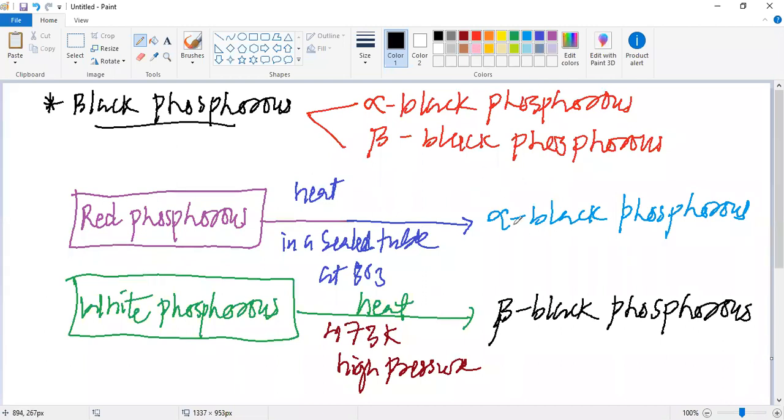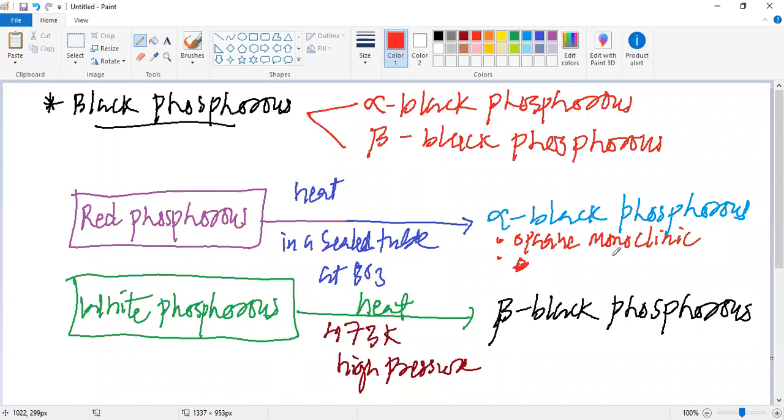Now let us understand a little more about our alpha black phosphorus and beta black phosphorus. The first thing that we should know about alpha black phosphorus is it has opaque monoclinic or rhombohedral crystals.